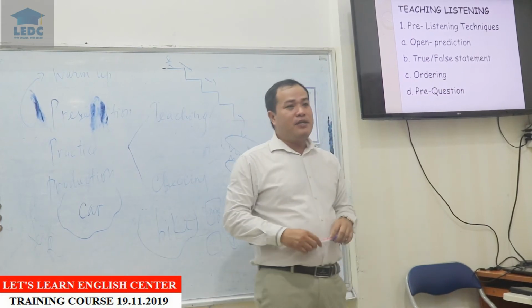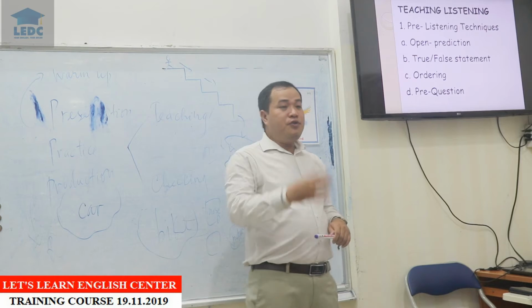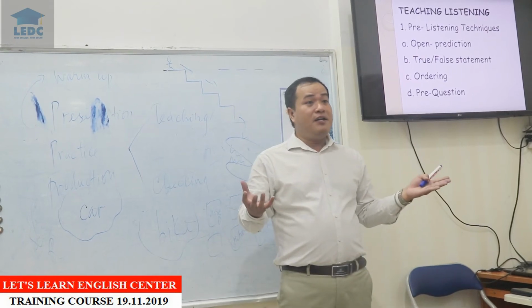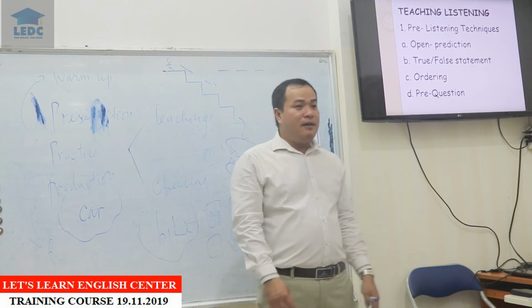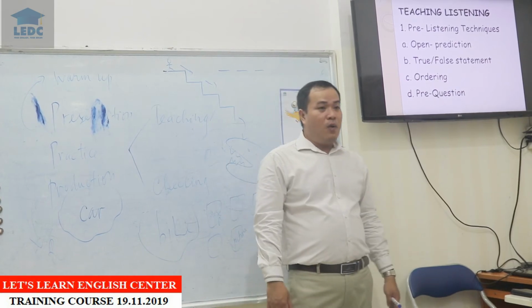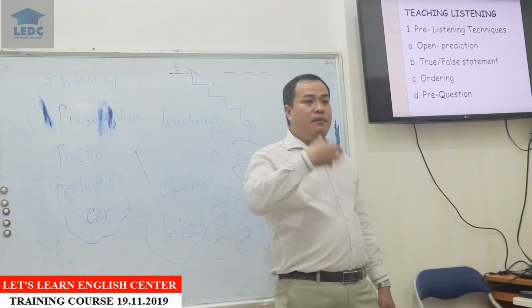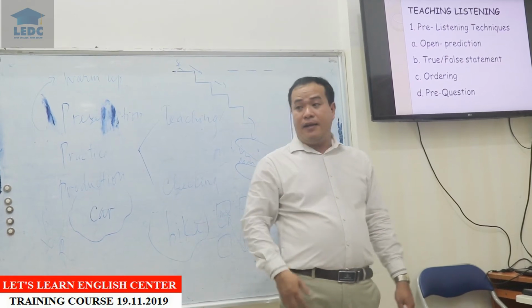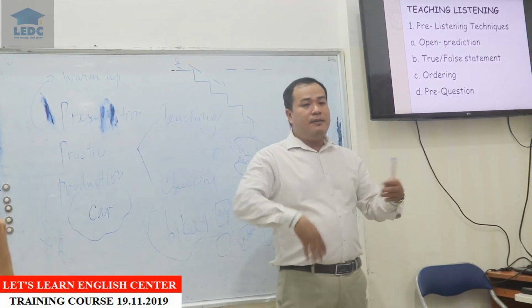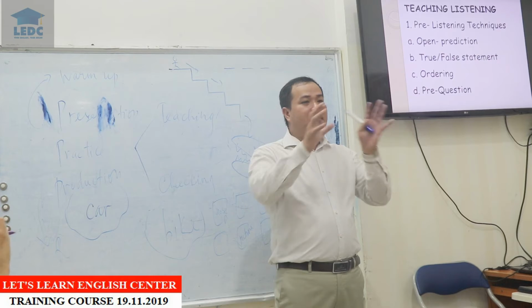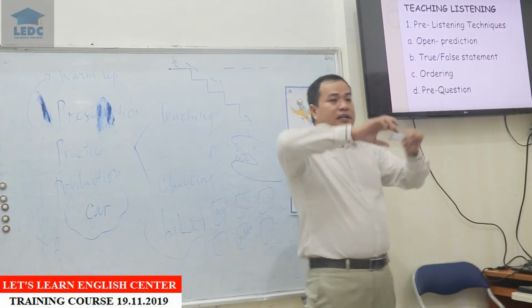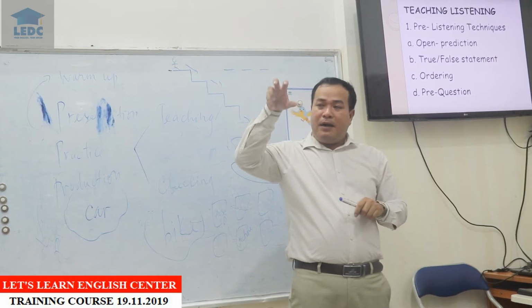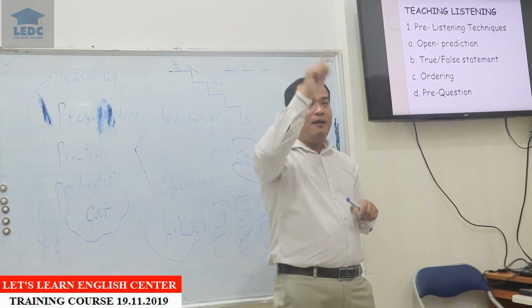For example, you say, do you like going shopping? Where? And who? You ask them, who do you go shopping with? Something like that. You ask them to get more ideas about the topic, because you can give them more ideas about the topic. Why? Because they think about the topic.